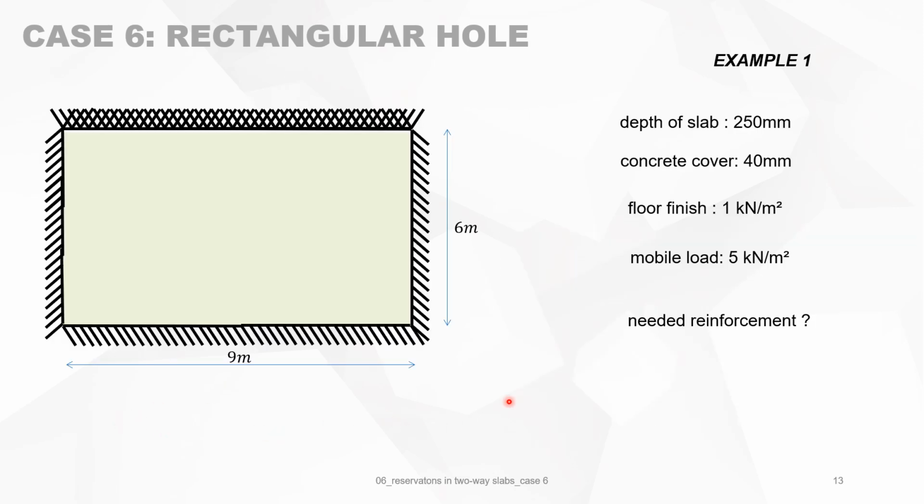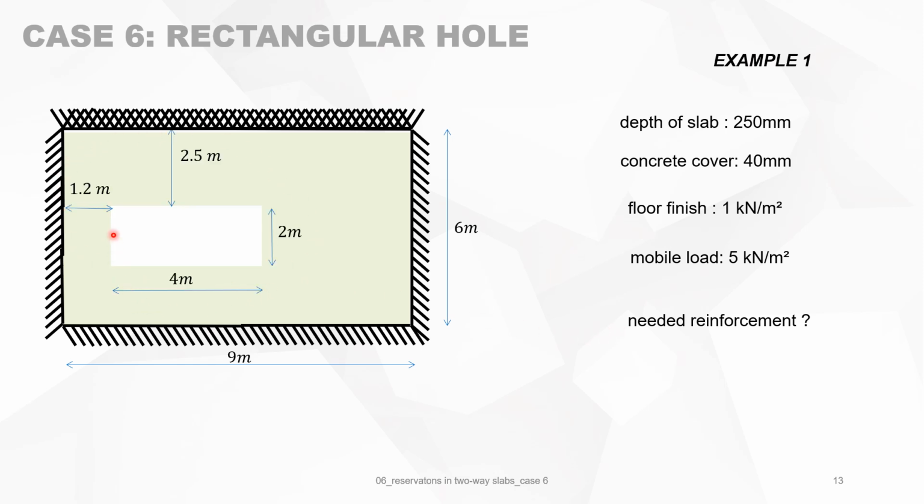Let's just make an example. Rectangular slab 9 by 6 meter, clamped on the north side and simply supported on the other 3 sides. The depth of the slab is 250 millimeter, the concrete cover 40 millimeter, and the floor finish is 1 kilonewton per square meter, and a mobile load of 5 kilonewton per square meter. And the question is, what is the needed reinforcement?